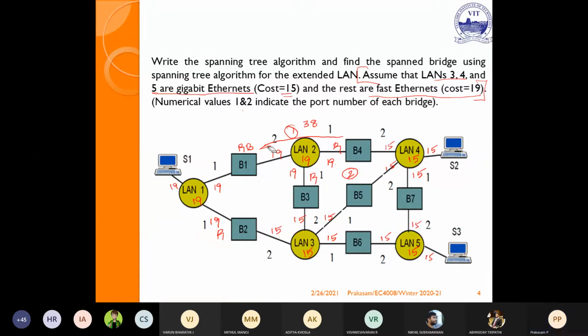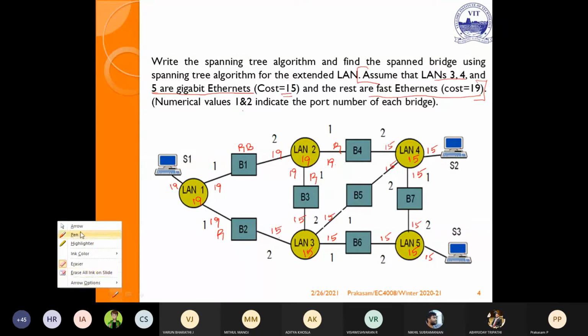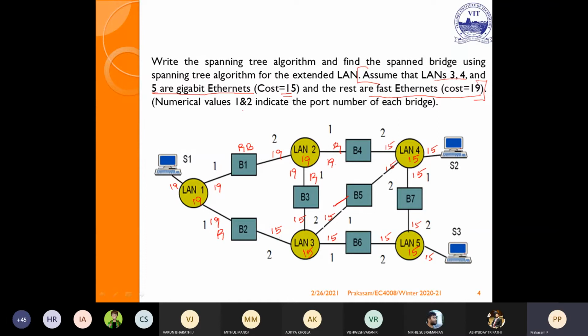Now we will move to B5. Similarly for B5, you can go in this way, or in this way, or in this way. Now through port 1, we go 15, 15. So here it is 68.